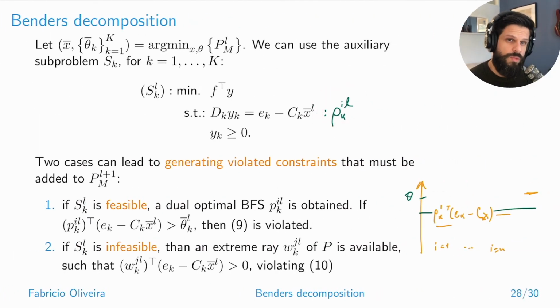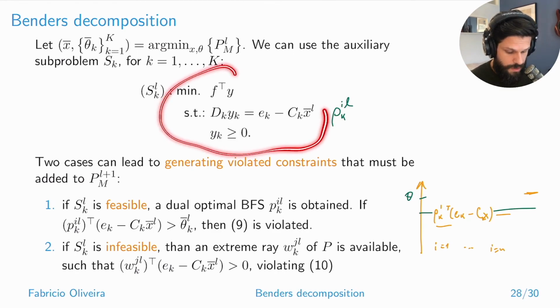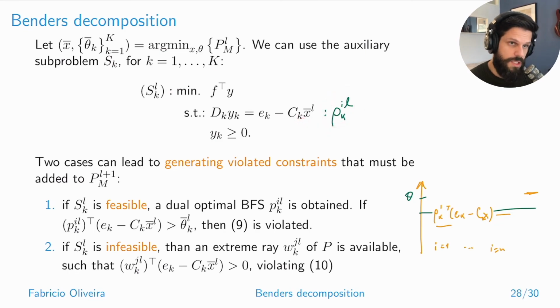So basically what we do, and we're going to do that in our assignment as well, is work with the dual formulation of this problem and get the optimal variables from it, which will be the p's. So if you have a reliable interface, you can just solve the primal version of the subproblem and obtain the dual values associated with this constraint.